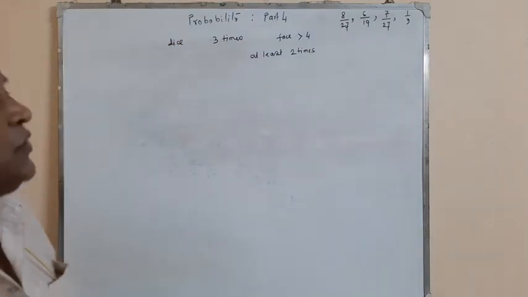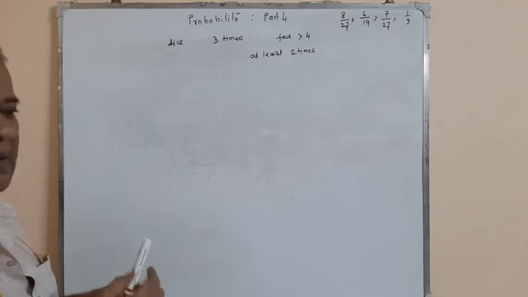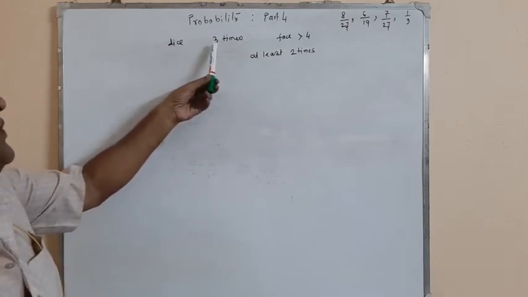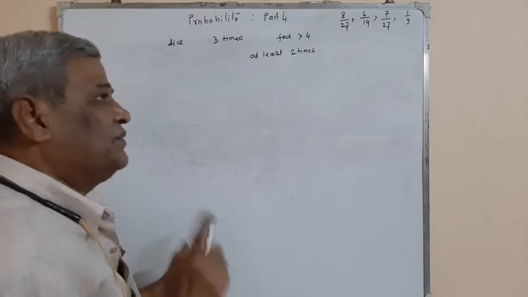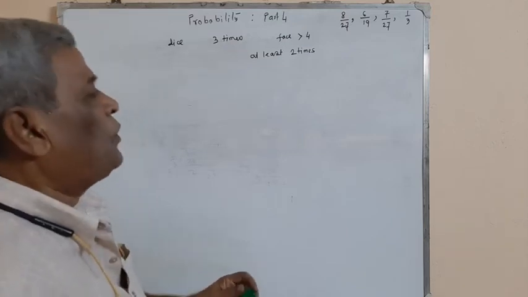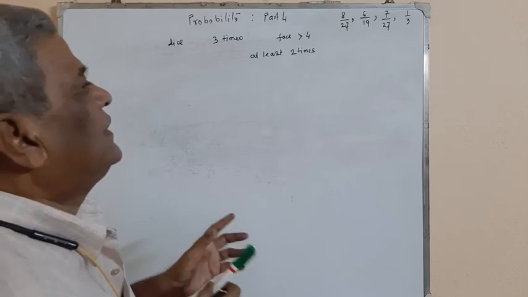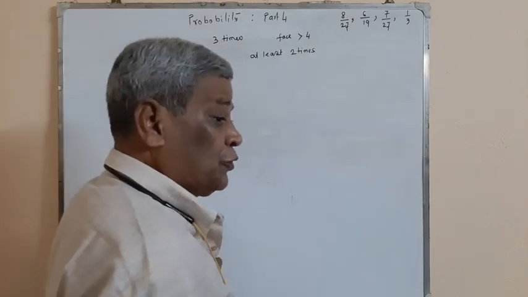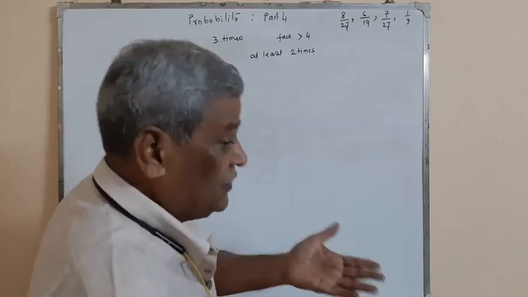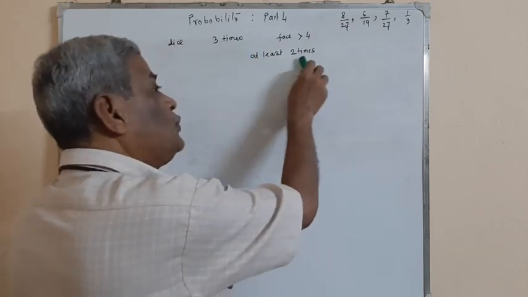The actual problem is, one fair die is thrown 3 times. Out of these, what is the probability that faces obtained greater than 4, that is either 5 or 6, at least 2 times?